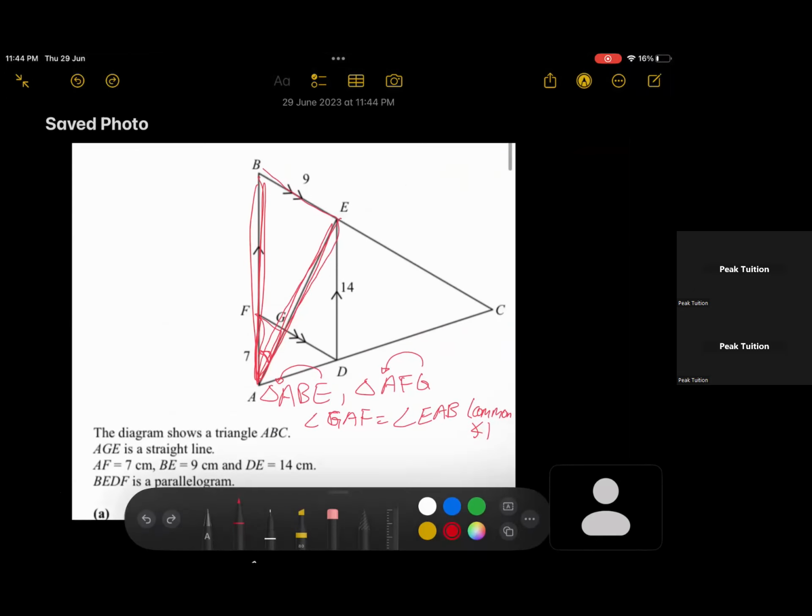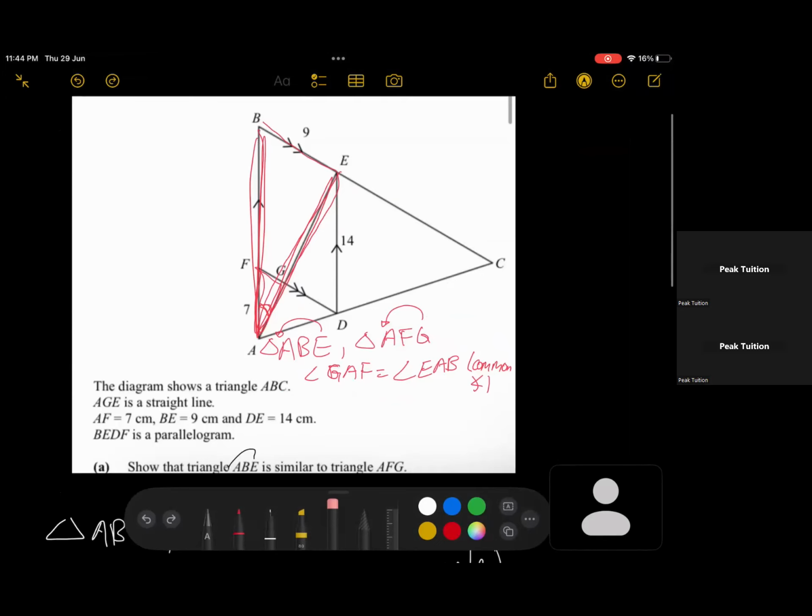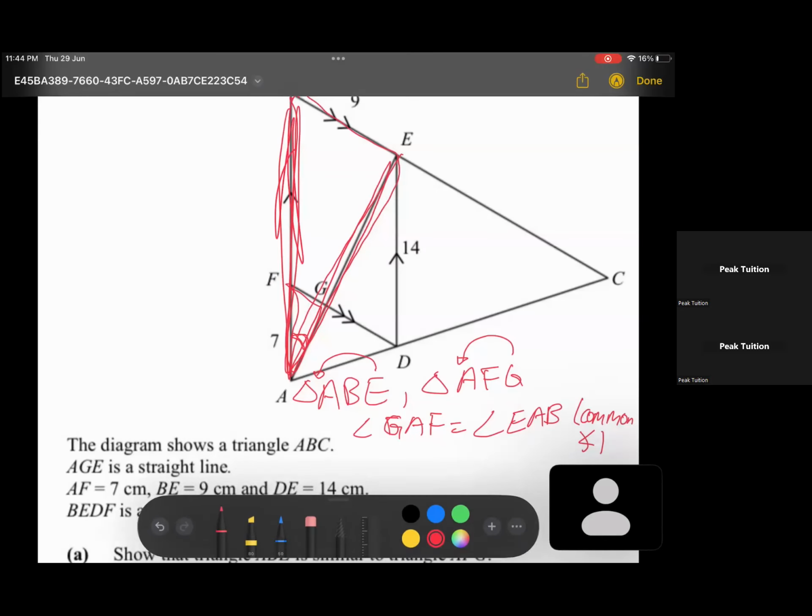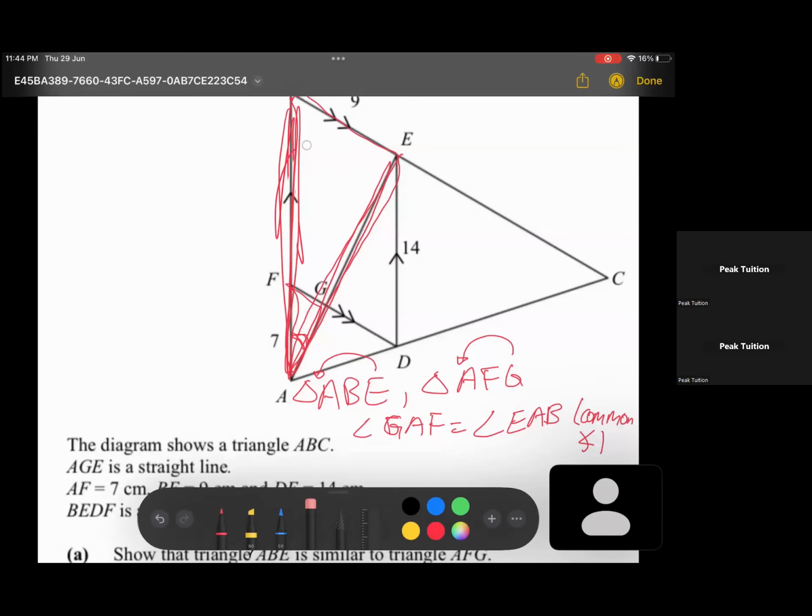Now in this diagram, we can see that obviously there is a common angle. And then secondly, you can see that there are also these parallel lines. This line, sorry, I should use a different color. This line highlighted in blue is actually parallel to this line.